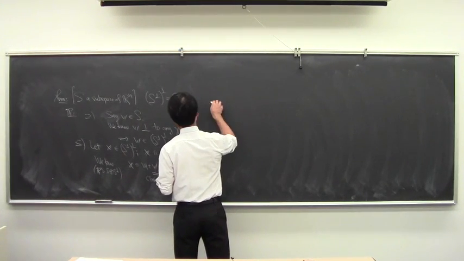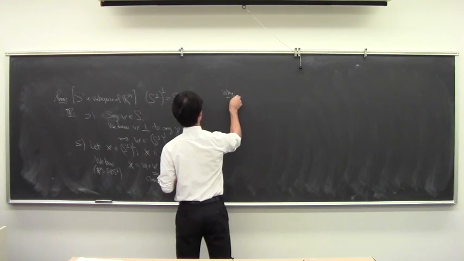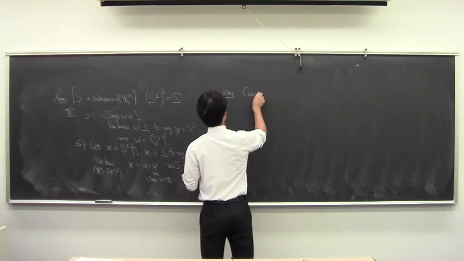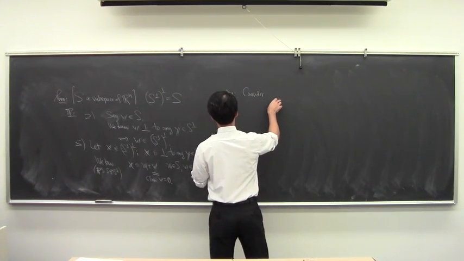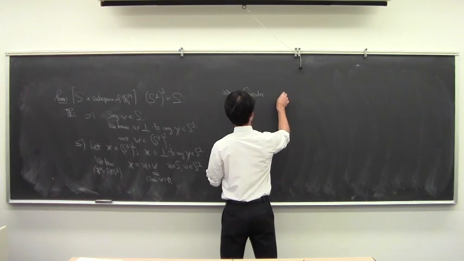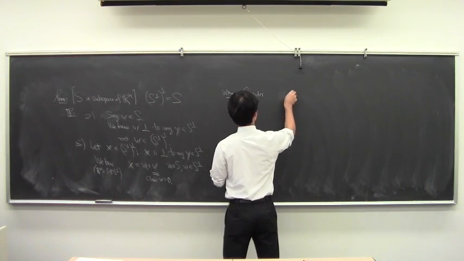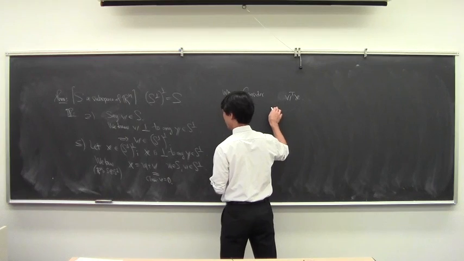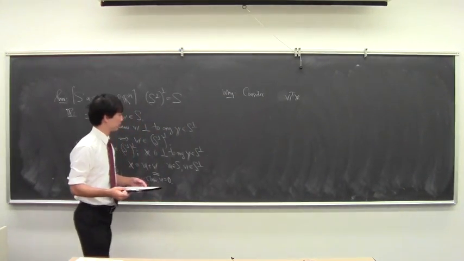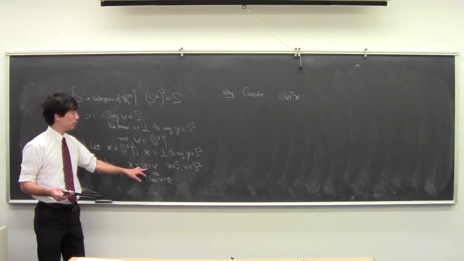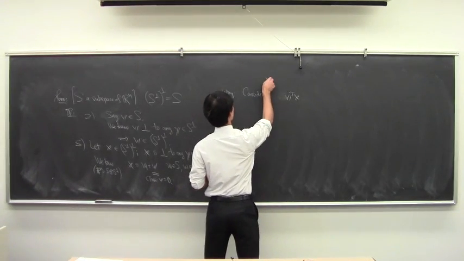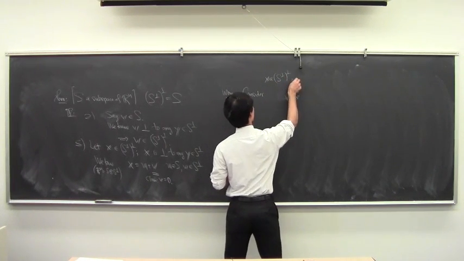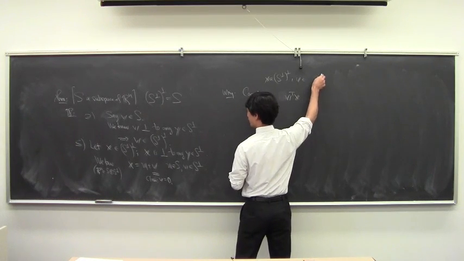So consider the scalar product of X against V. Remember, X is in the orthogonal complement of S perp, and V is in S perp.